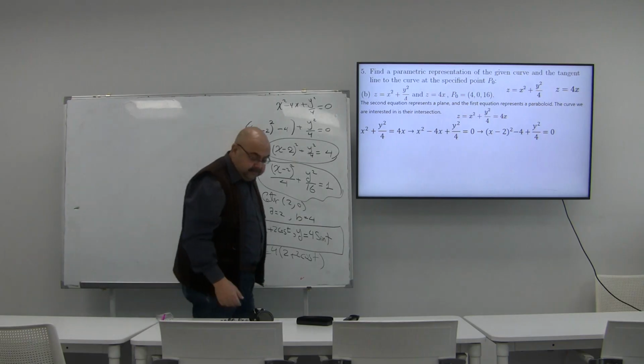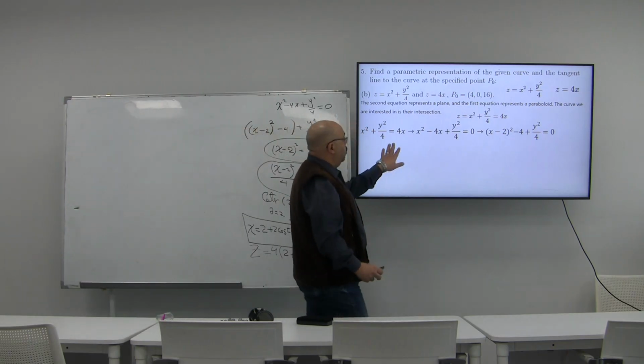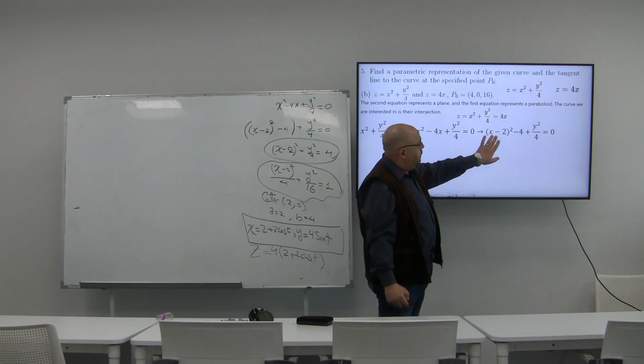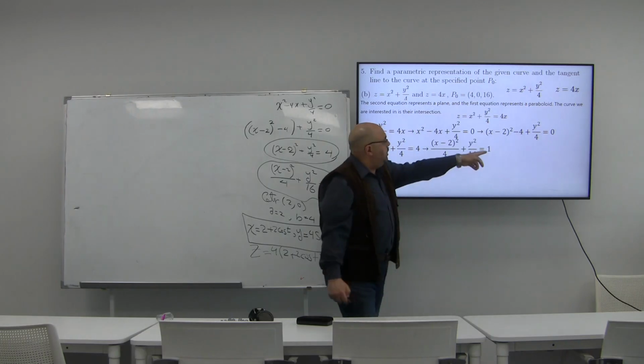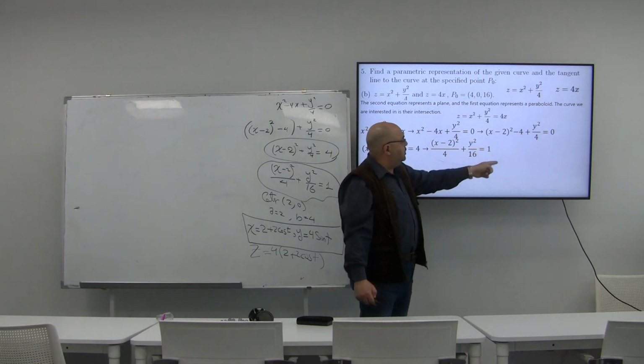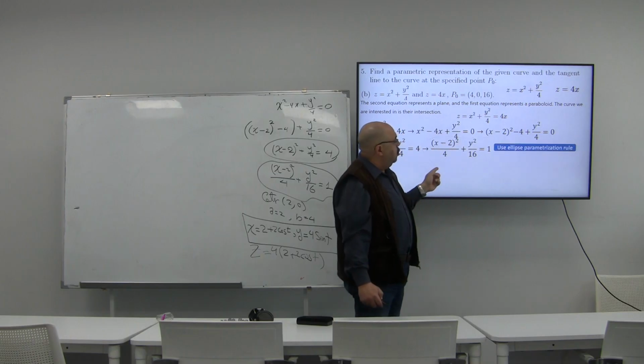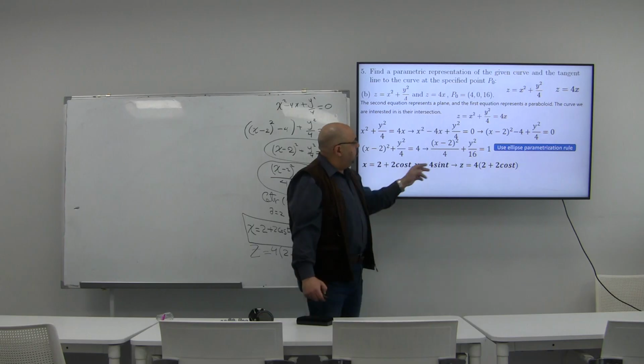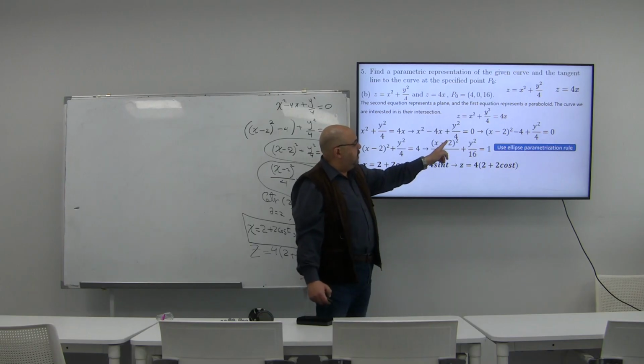Okay, now, as I told you once more, this is done by completing the square. This is going to be the equation of the ellipse that I told you about. So, in order to parameterize it, I will have x equal to the component in x, 2 cosine t.